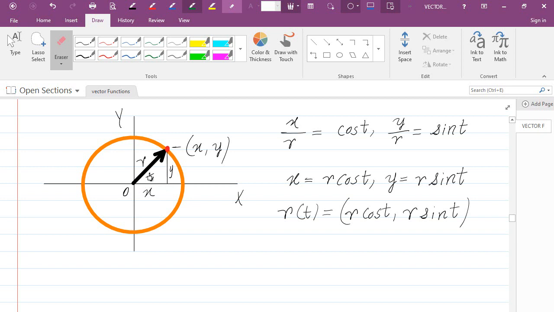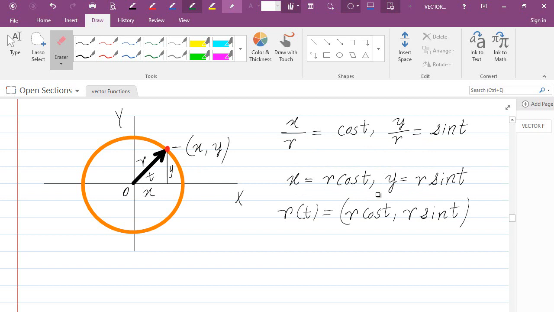By using trigonometry, remember that the radius of the circle is r, so the hypotenuse here has length r. So x divided by r would be cosine of t, y divided by r would be sine t. And from these two equations, we get that x is r cosine t and y is r sine t.